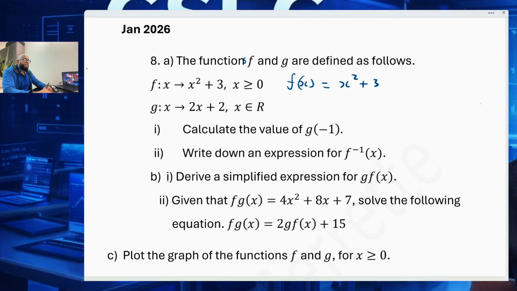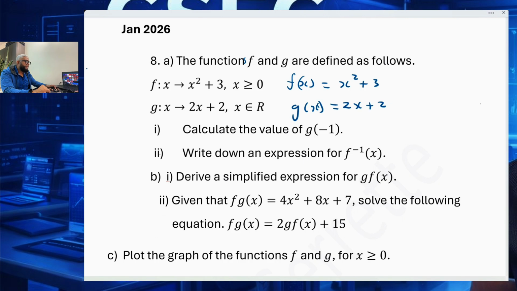They also said that x is greater than or equal to 0, meaning that x could never be a negative number for this function. Then they said g such that x maps onto 2x plus 2, meaning that g of x is equal to 2x plus 2. Everybody good there?